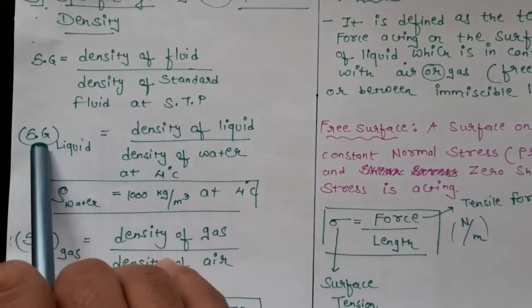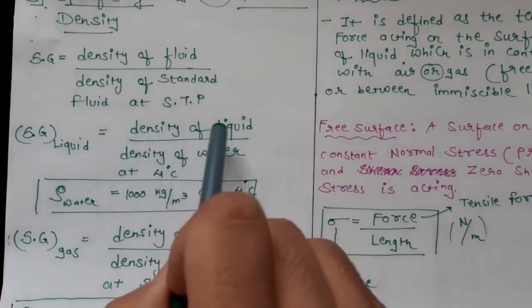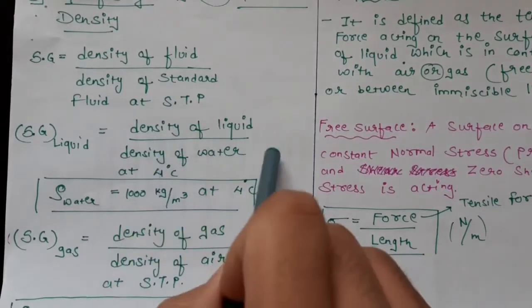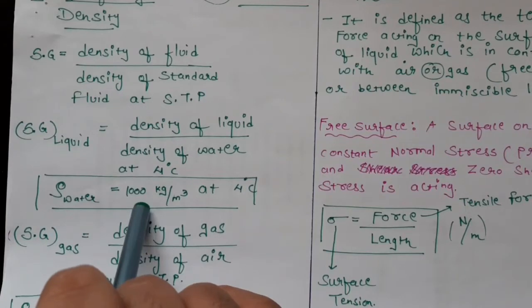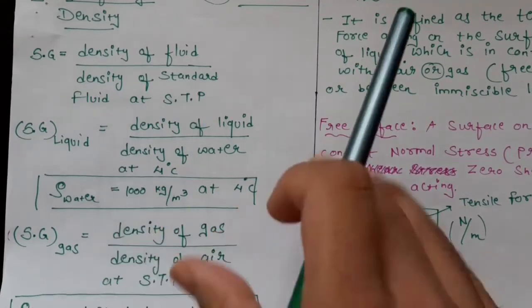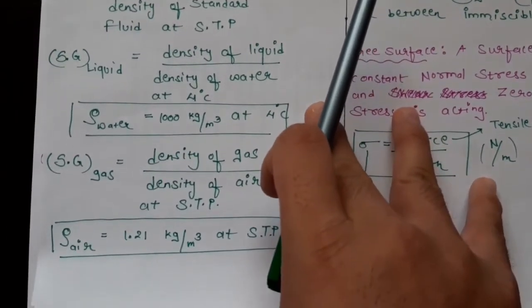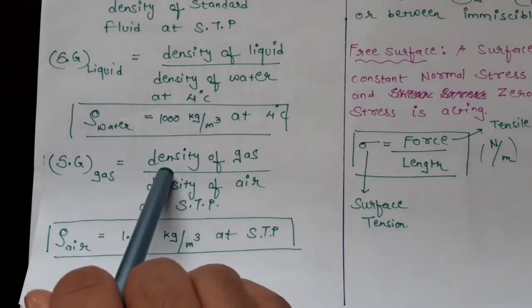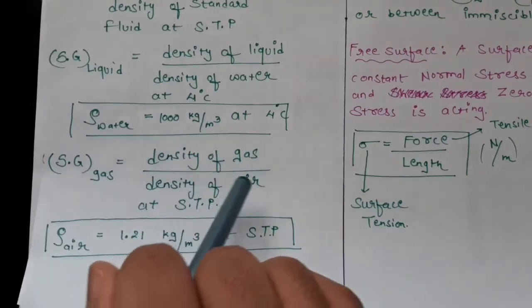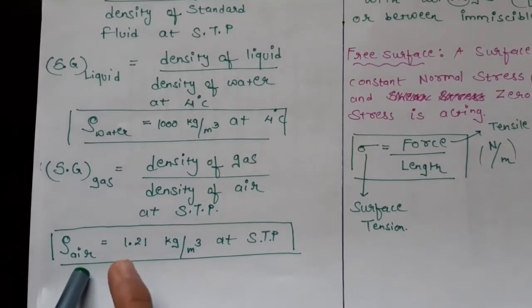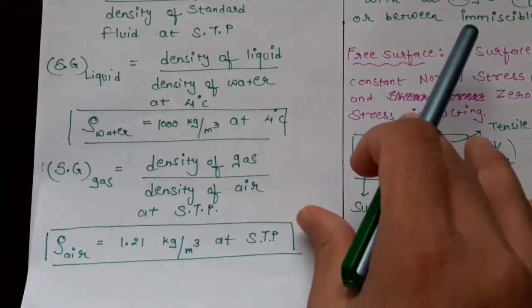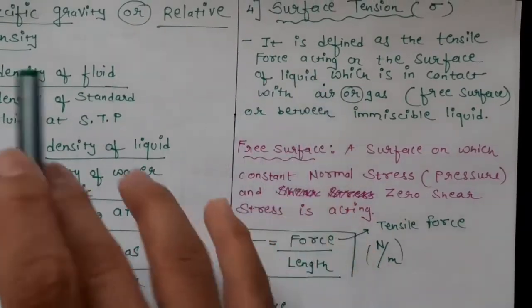In case of liquid, specific gravity equals the density of liquid upon the density of water at 4 degrees Celsius. The density of water at 4 degrees Celsius is 1000 kg per meter cube. And the specific gravity of gas is given by the density of gas upon the density of air at STP. The density of air at STP is 1.21 kg per meter cube. This is the specific gravity.